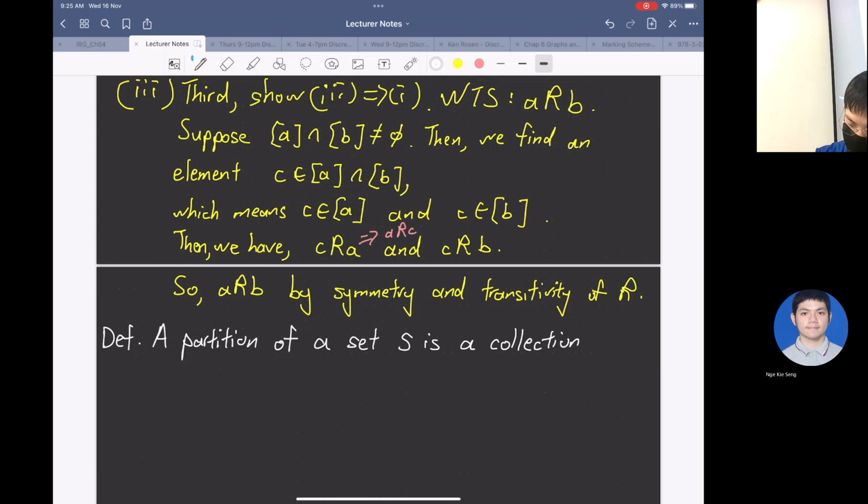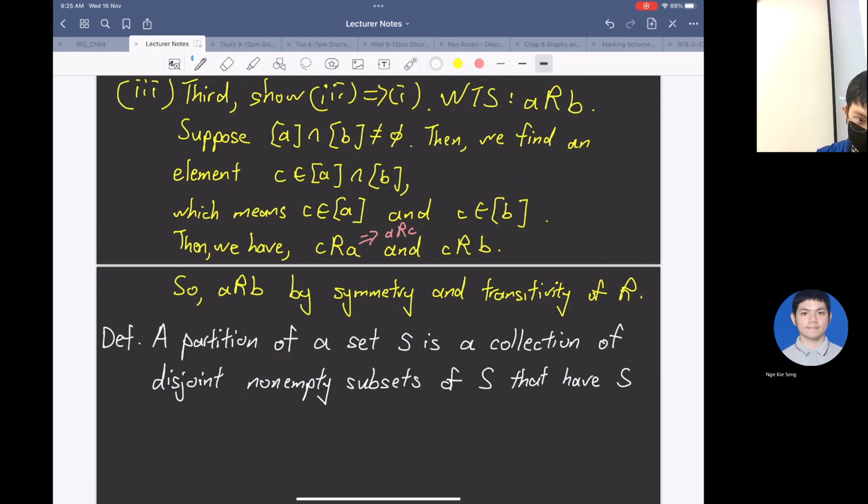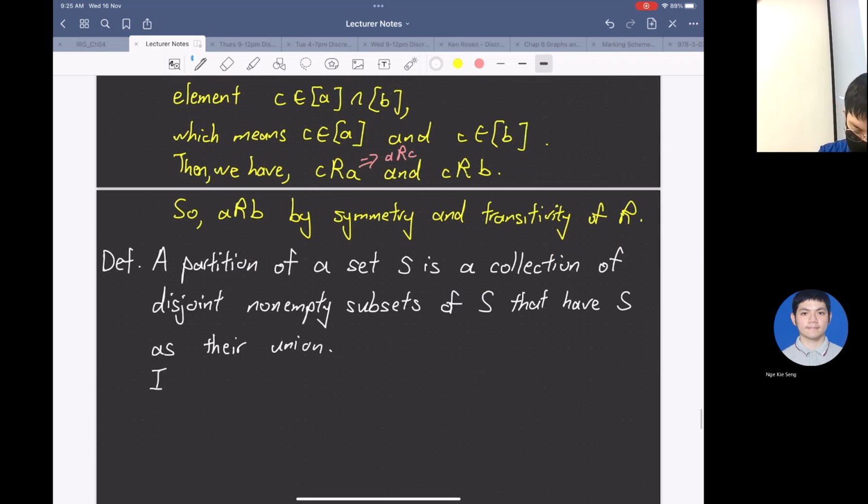You have a set, and then you consider some disjoint, non-empty subsets of your set. If you take their union, and it happens to recover your whole set, then you call it a partition.